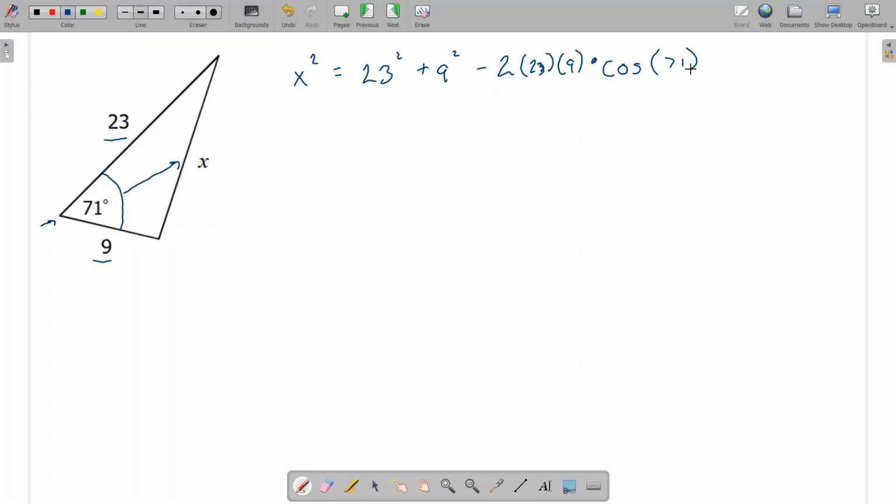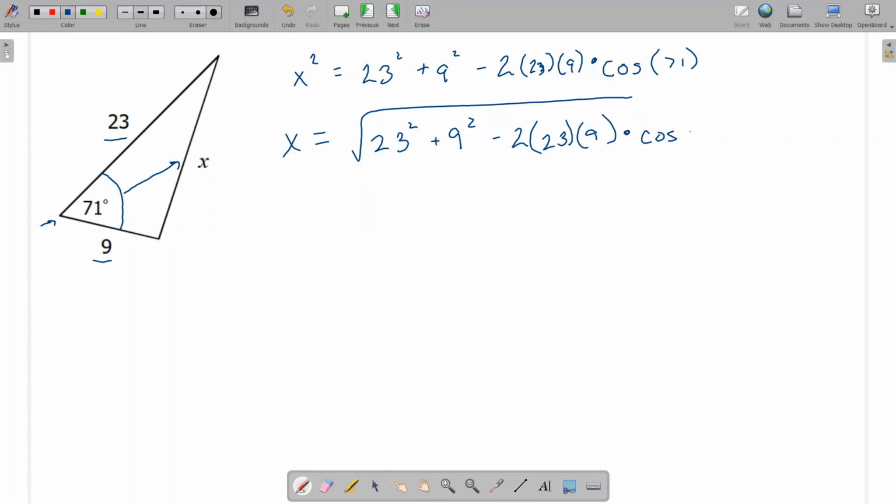Now, what I would do is I would just square root this whole thing, and I would type it into your calculator all at once to save you a bunch of small intermediate calculations. So I would type it into your calculator exactly like this, and it's going to just spit out that side length.